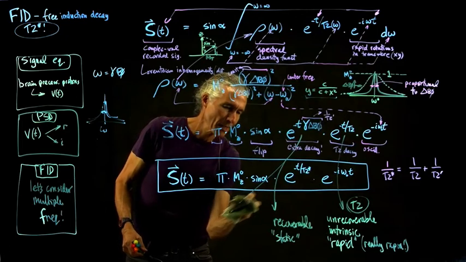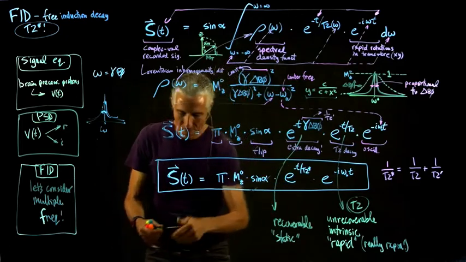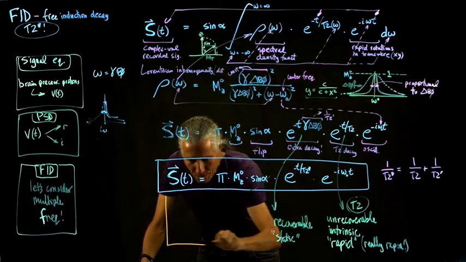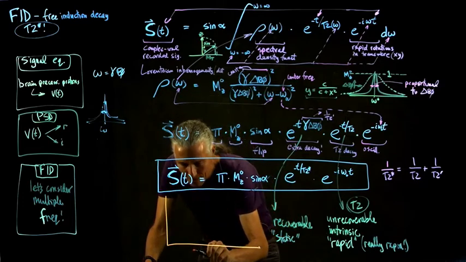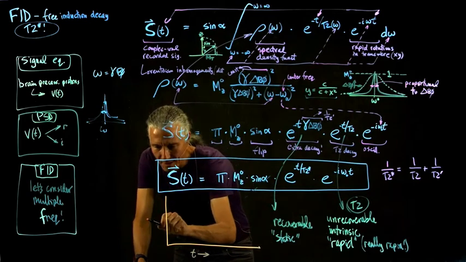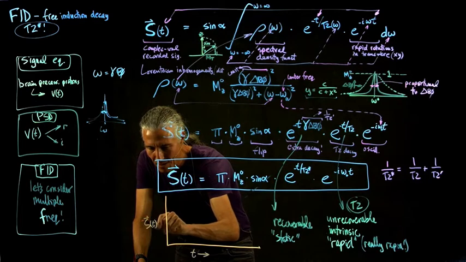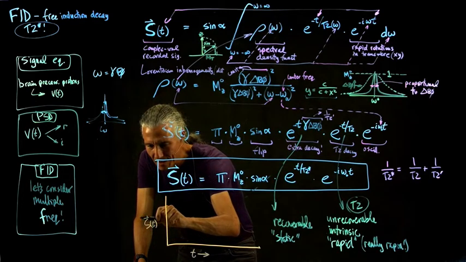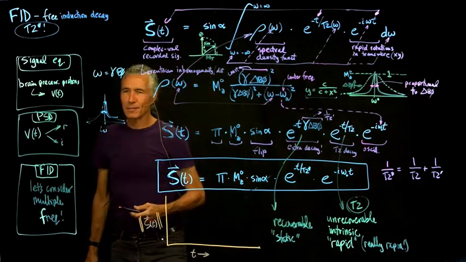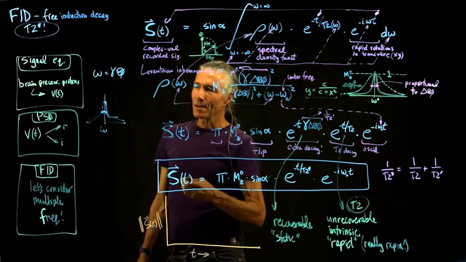So what does it look like if we plot out T2 decay? If we plot out a graph with time, here's time, and this is our signal. It's a vector quantity, so let's take the length of it. Let's just get the amplitude of the signal. We'll ignore the phase of the signal, what direction the complex vector is pointing.